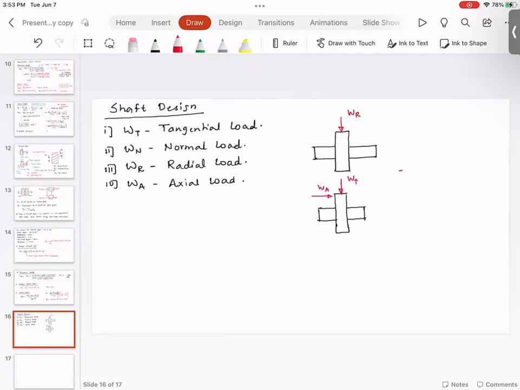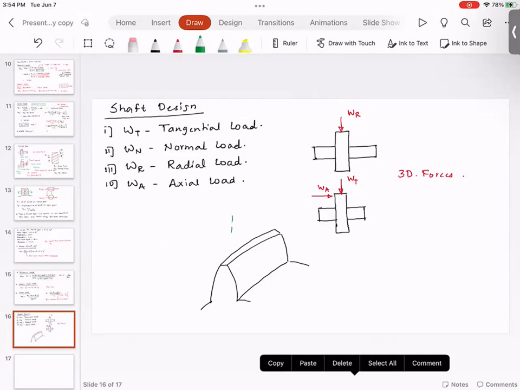so essentially you have 3D forces. And what I will do is try to show you how these forces act on the helical gear. First draw the coordinate system.